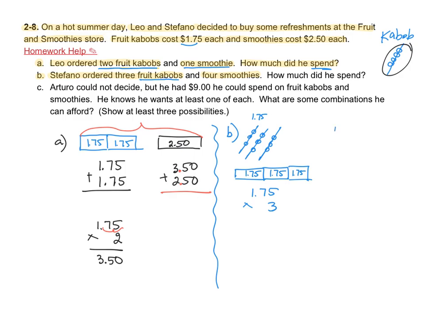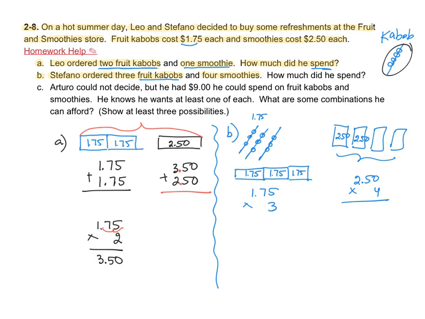So I could do a smoothie picture, 1, 2, 3, 4, and again it's a diagram. I know that each is $2.50, so it helps me see it. So I could either add $2.50 4 different times, all 4 of them together, or I can do $2.50 times 4.